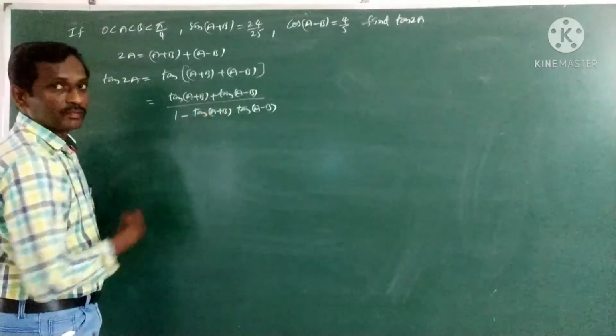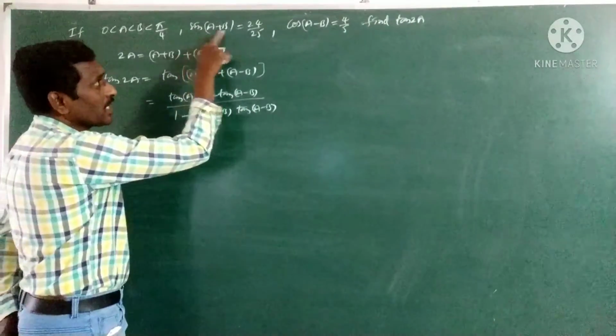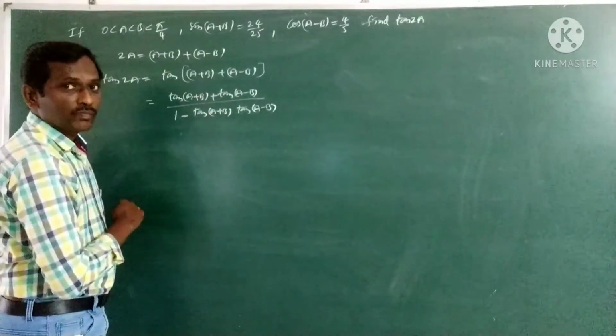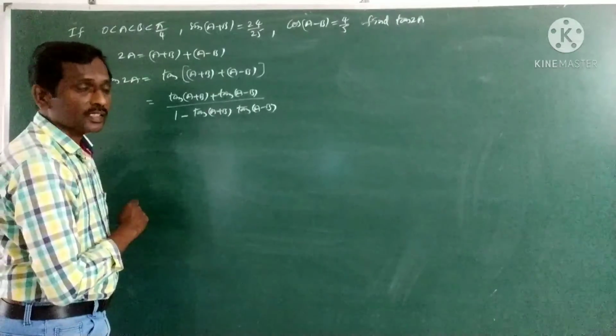But we have sin and cos of the angles, and here we require tan functions. Then how can we get the values of the tan functions?